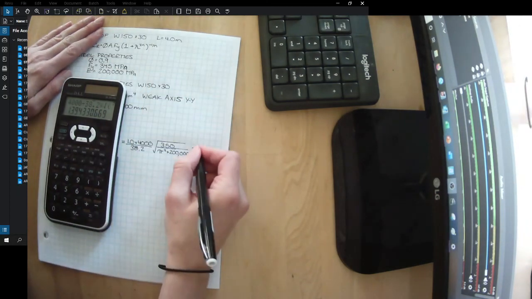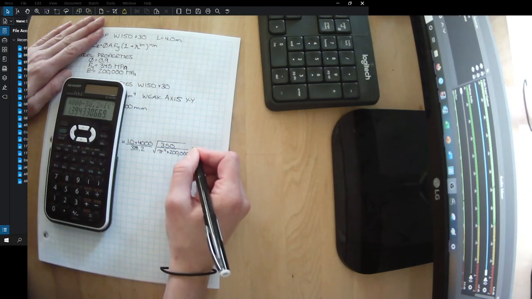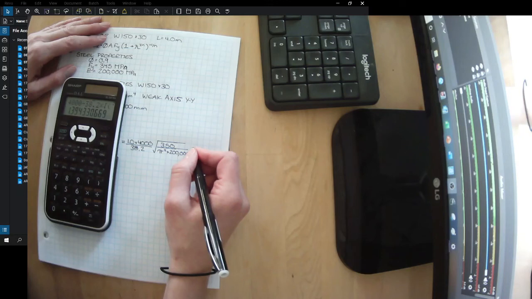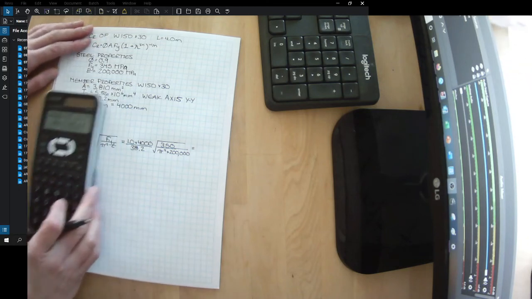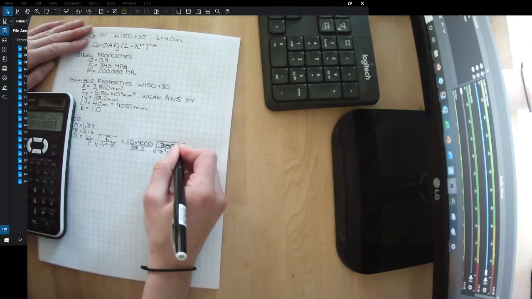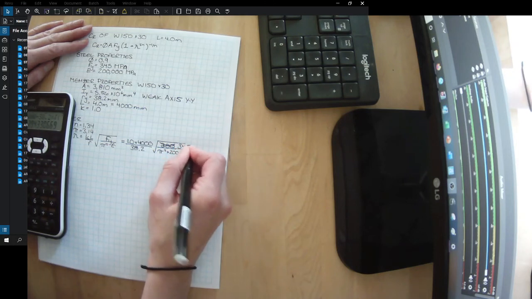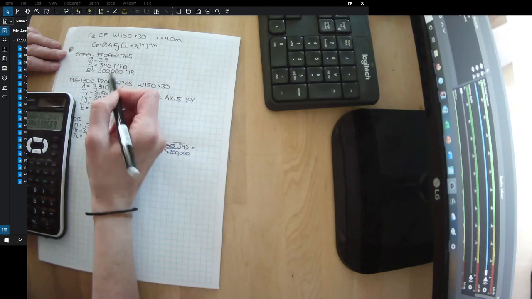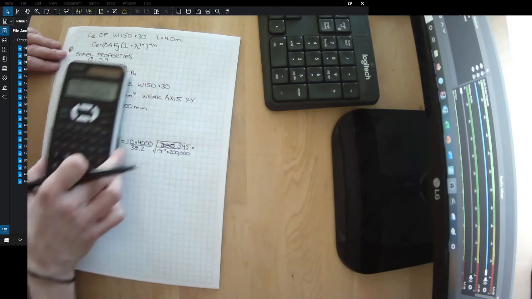We get, you know what, when I do it in the example here, I use 3.14. Oh, no. Do you guys see what I did? It's 345 MPa. We're talking about hot rolled steel here.